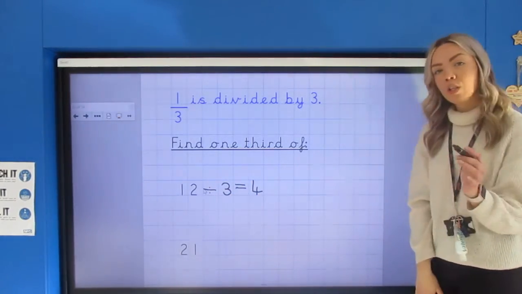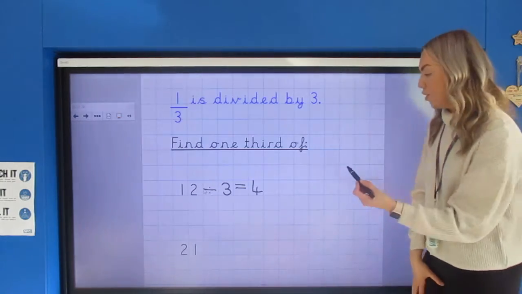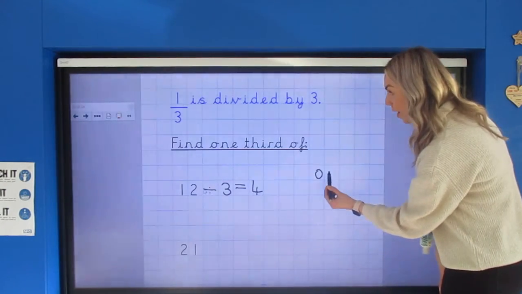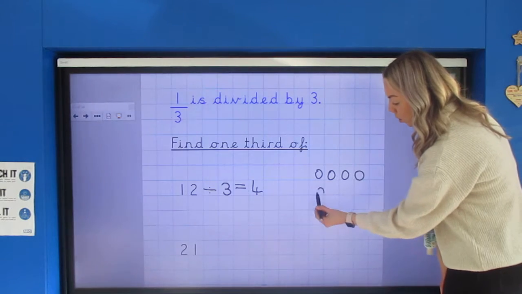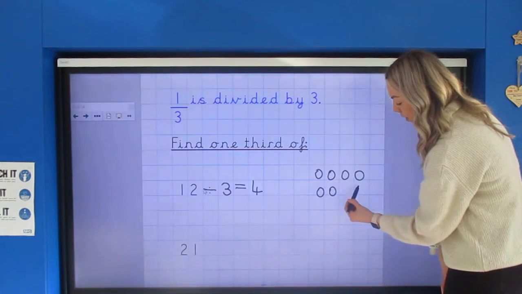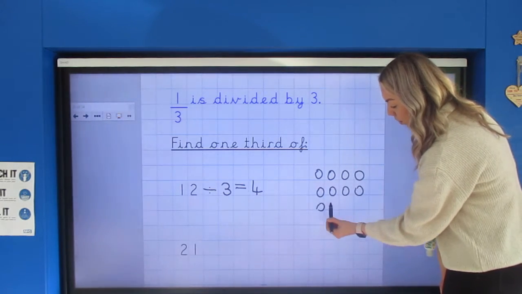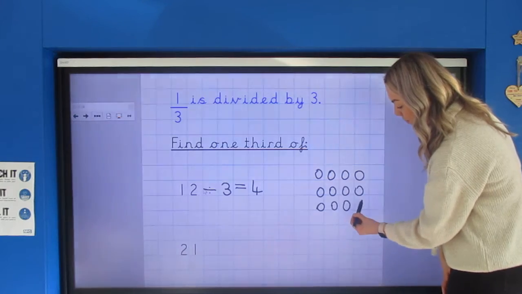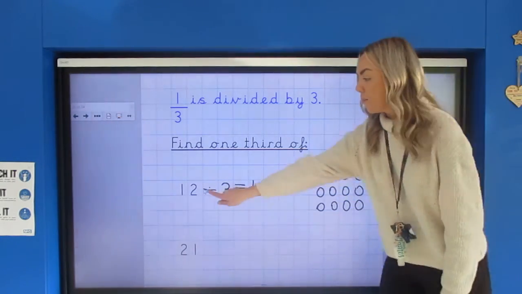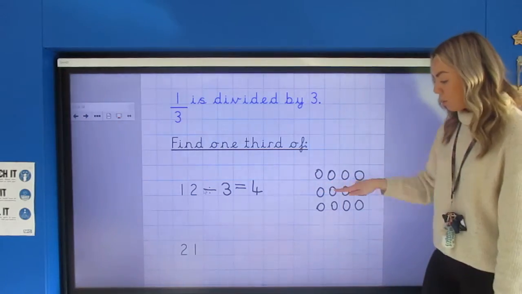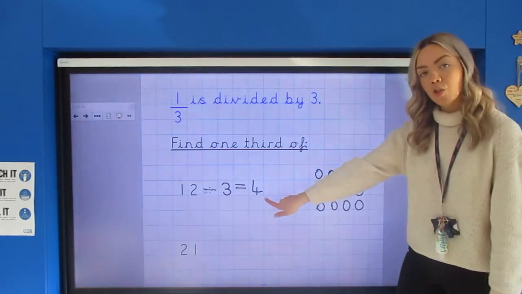So you can also do it as a visual, okay? So if I had 3 groups of 4, 1, 2, 3, 4, 1, 2, 3, 4, 1, 2, 3, 4. So I now have 12 objects, okay? We've got them in 3 groups of 4 because we've already worked our sum out.